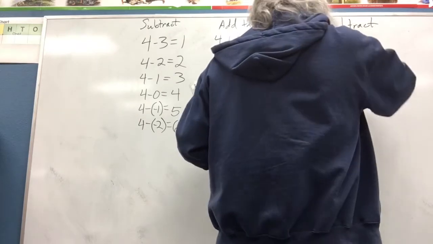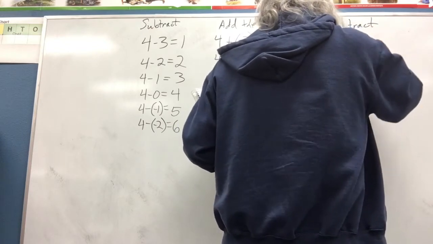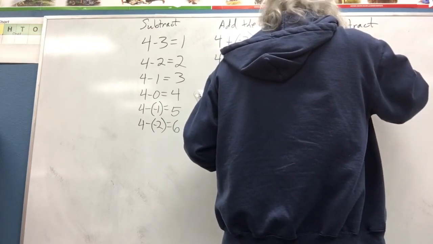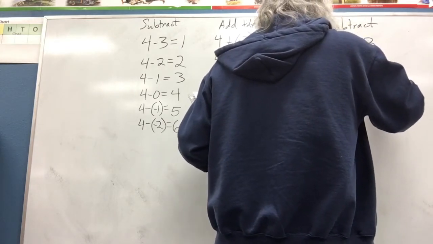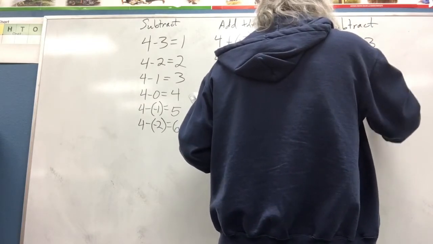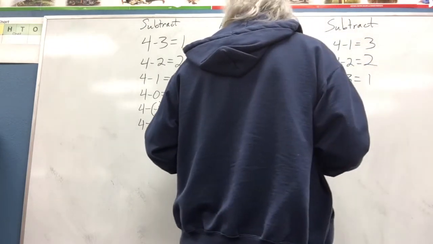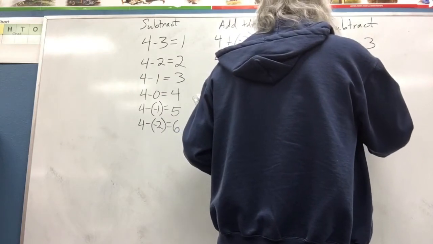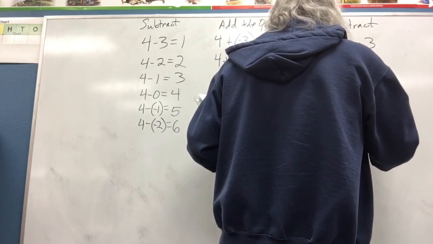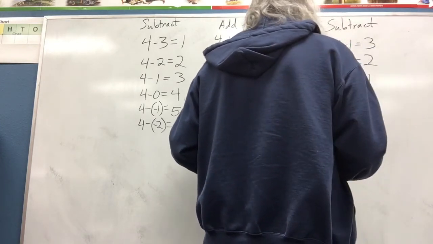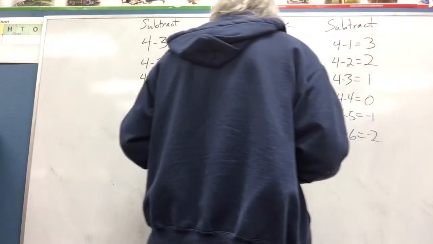In this subtraction, notice we've got 4 minus 1 is 3. 4 minus 2 is 2. 4 minus 3 is 1. 4 minus 4 is 0. 4 minus 5 is a negative 1. 4 minus 6 is a negative 2. All right?